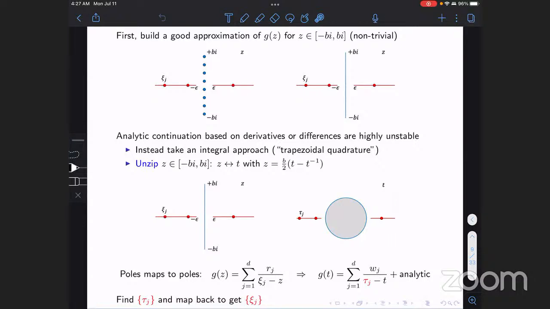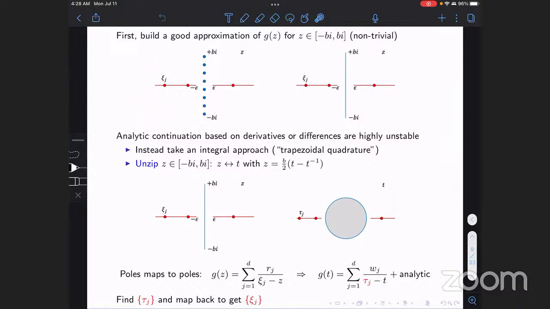Now, the important thing to realize is that this is an analytic transformation, a conformal transformation. Therefore, poles map to poles. The function g(z), which is of this form, is transformed into a function g(t), where the poles remain poles, even though the weights can change, plus potentially an extra analytic function.